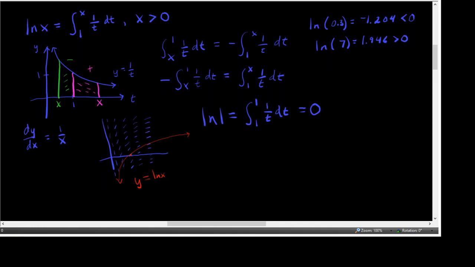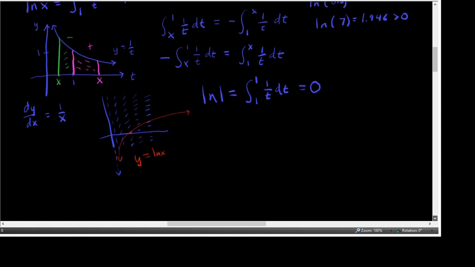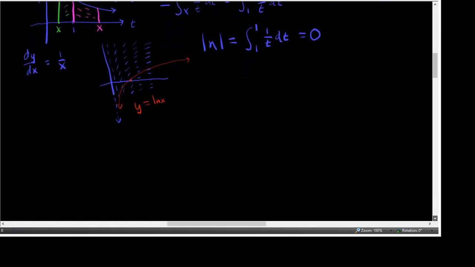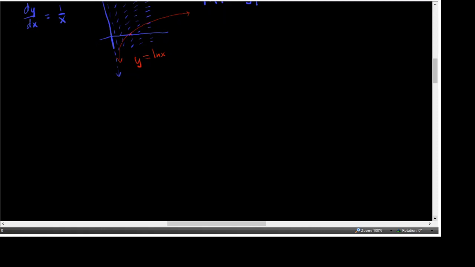And of course the y-axis is a vertical asymptote for that curve. Okay, so that can justify for us what the graph of ln of x is that you probably encountered in an algebra class prior to this. It's kind of from a calculus perspective.